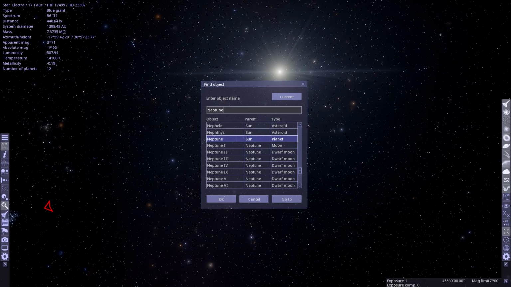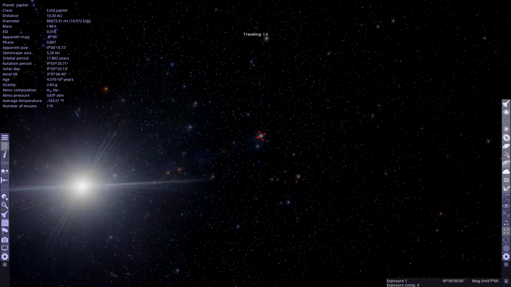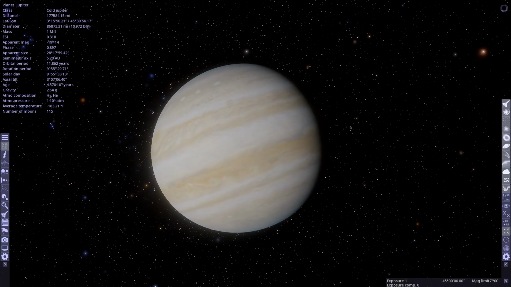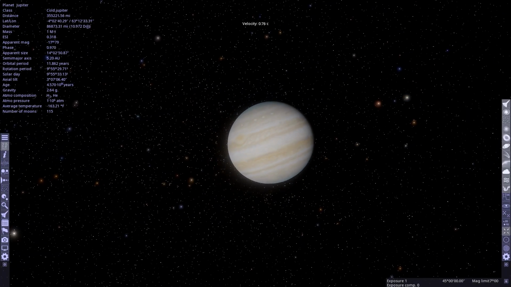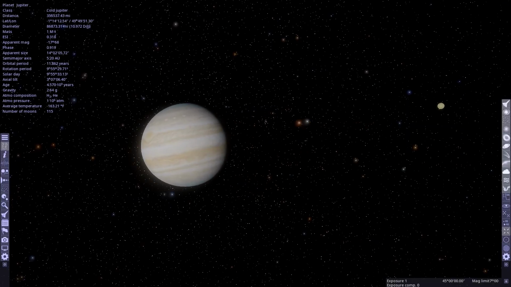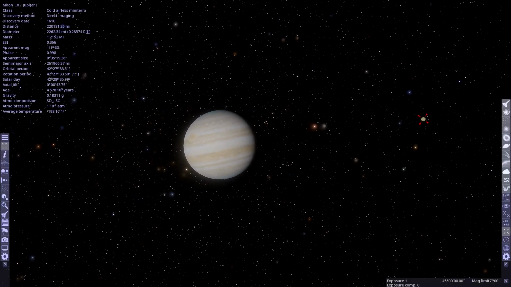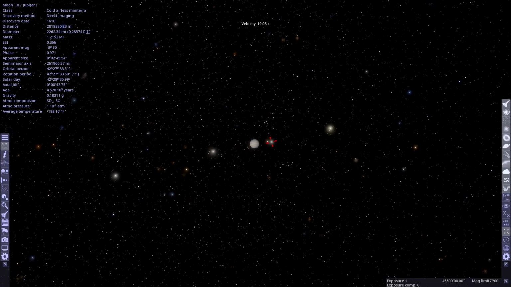Now, finally, let's go to the biggest planet in the solar system, Jupiter. So this is Jupiter, and if you know anything about Jupiter, it's that it's a gas giant, so you can't land on it. But that doesn't mean it doesn't have moons, and Jupiter's moons are solid.